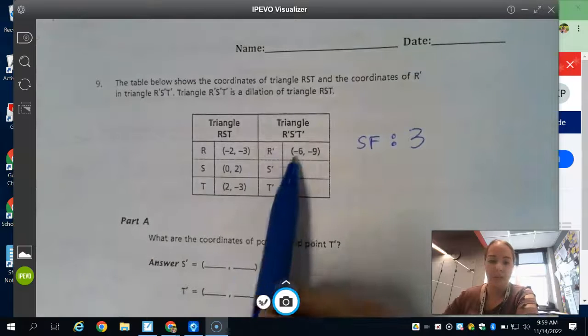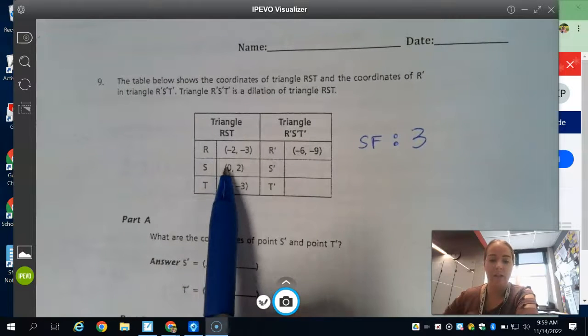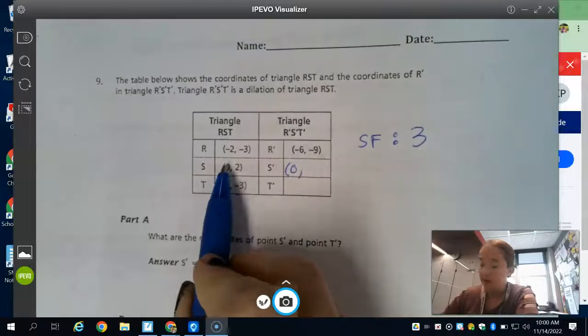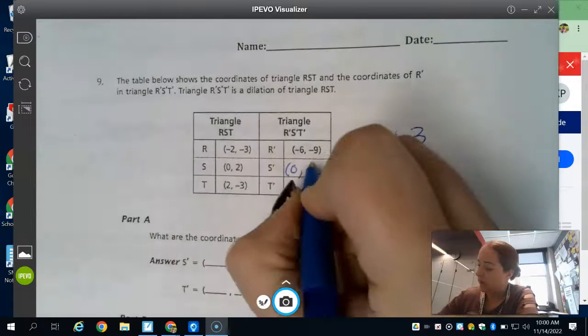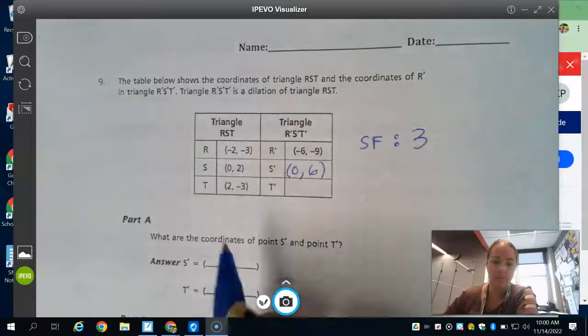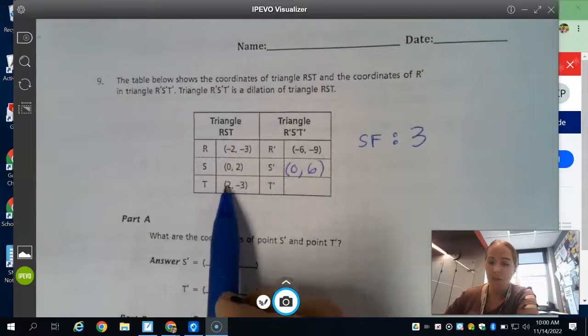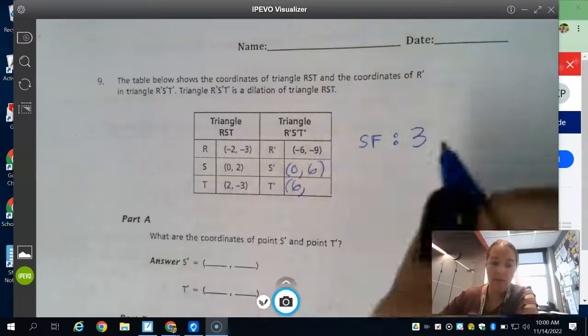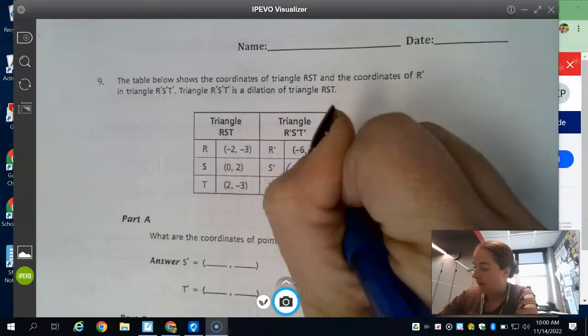This one got 3 times as big. So I can do my new ones. 0 times 3 is 0. 2 times 3 is 6. 2 times 3 is 6. -3 times 3 is -9.